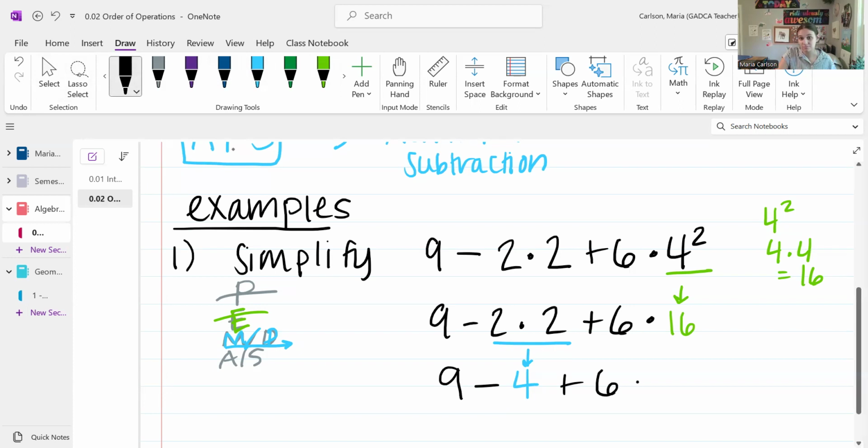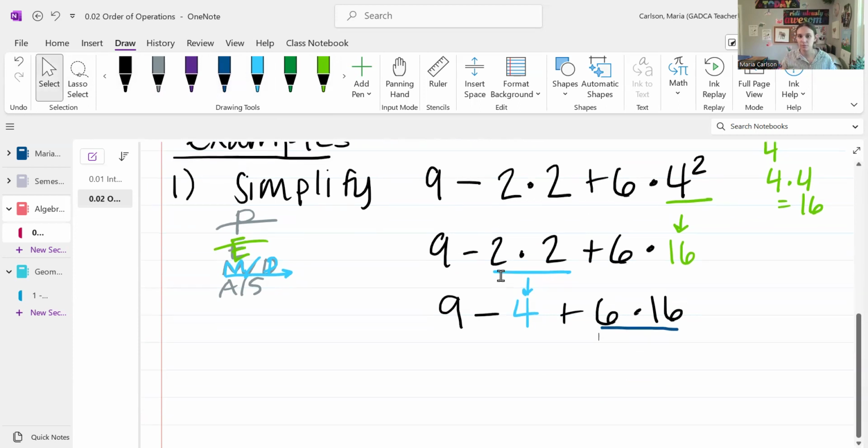Now, I could do this multiplication here in the same step. It's up to you. So we are going to multiply 6 times 16 now, working from left to right. And if I put 6 times 16 into my calculator, I get 96. So I have 9 minus 4 plus 96.